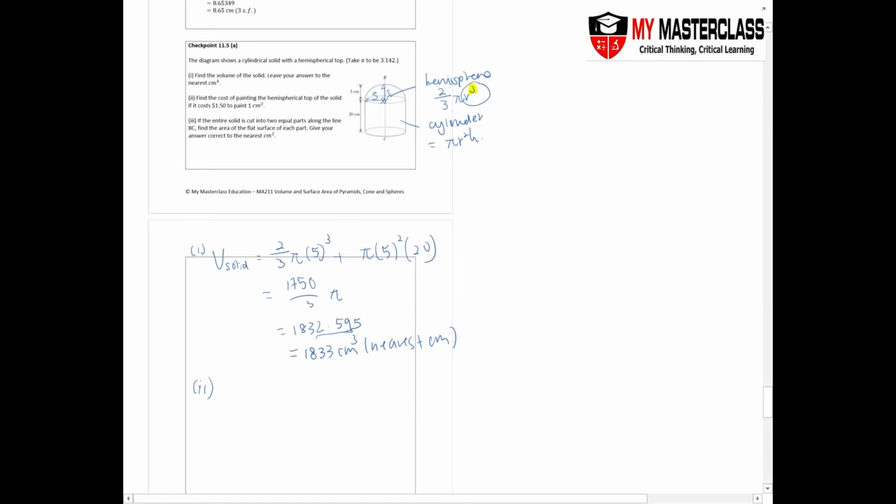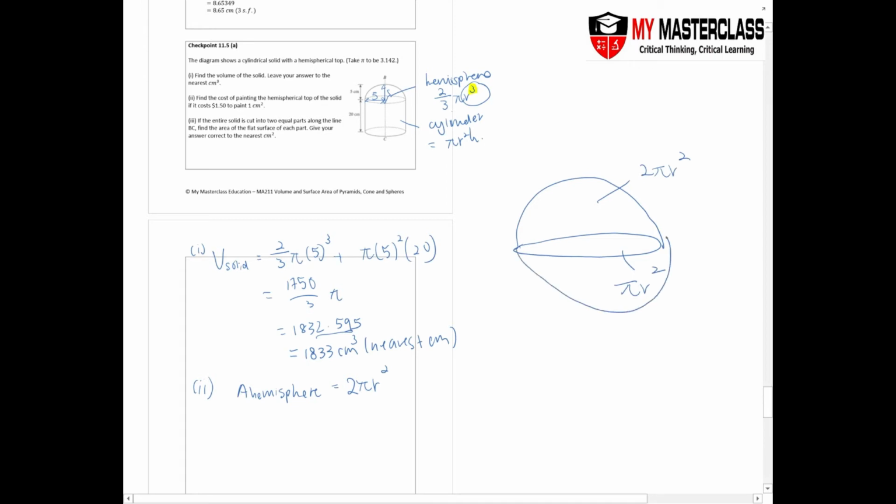of the solid, if it costs $1.50 to paint 1 cm square. So I'll say the area of the hemisphere is pi r square. Sorry, 2 pi r square. Because if you have a hemisphere like that, this is 2 pi r square, this is pi r square.